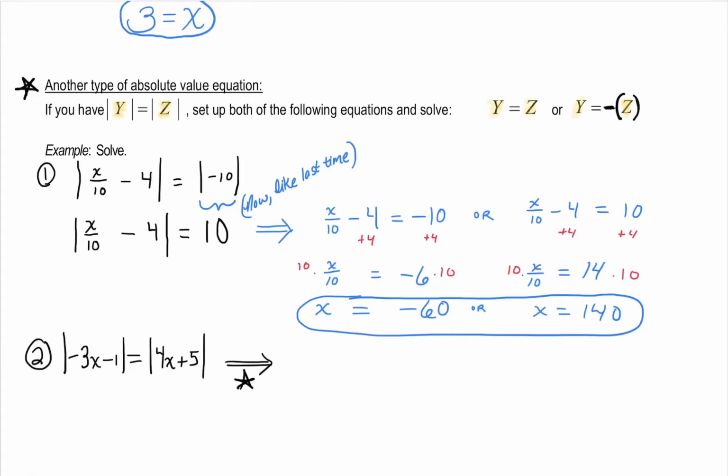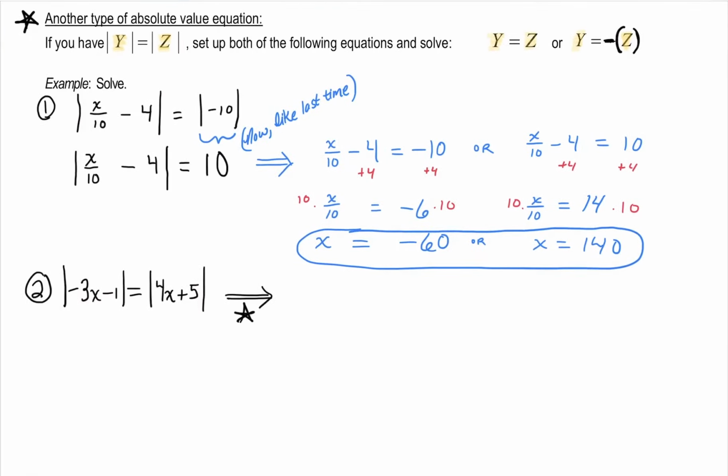All right, so we are going to follow that setup, which tells us that these insides could either be equal. So we could start off by saying the insides themselves, negative 3x minus 1, could equal 4x plus 5. We're just saying if they are equal, then their absolute values are equal.